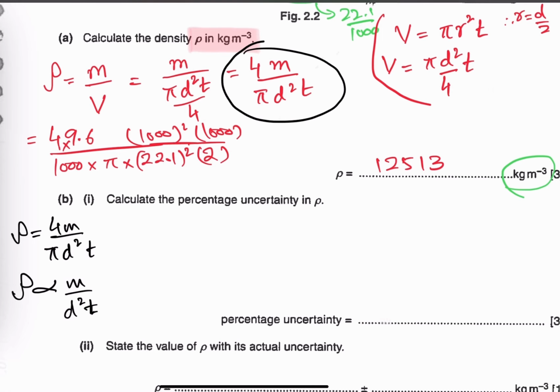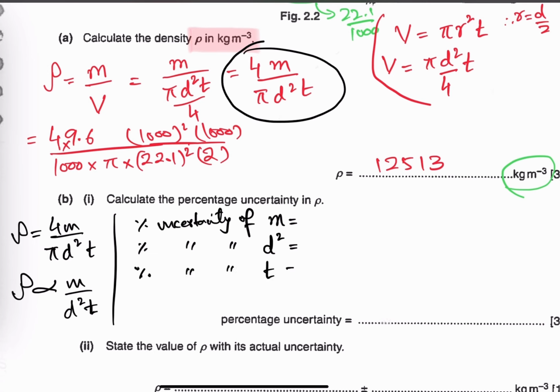So what I need is the percentage uncertainty of m, the percentage uncertainty of d squared, and the percentage uncertainty of t.